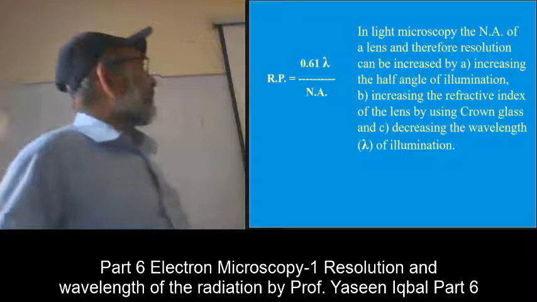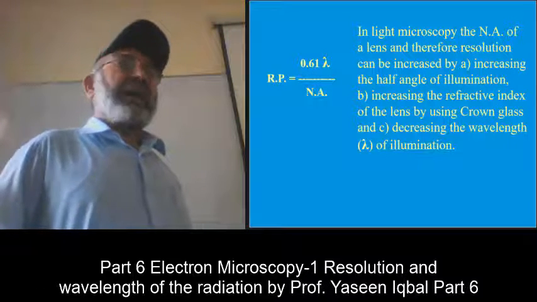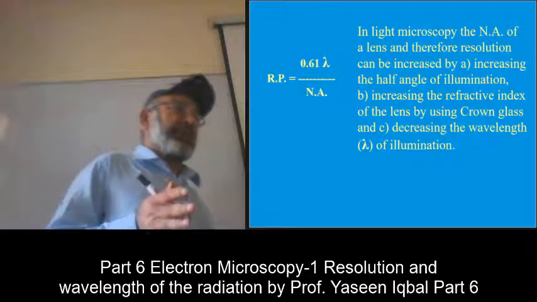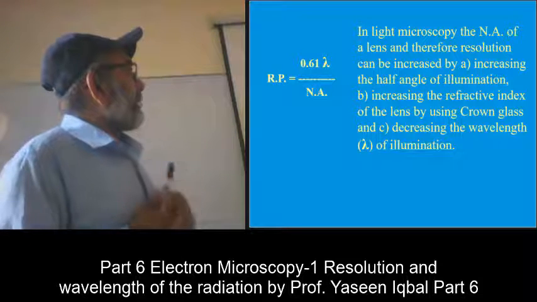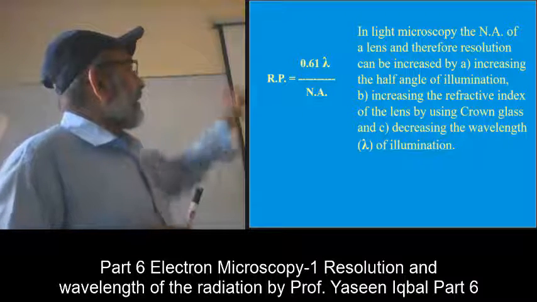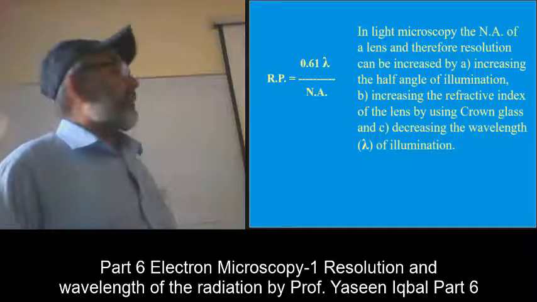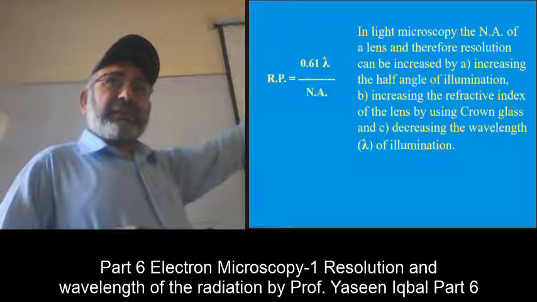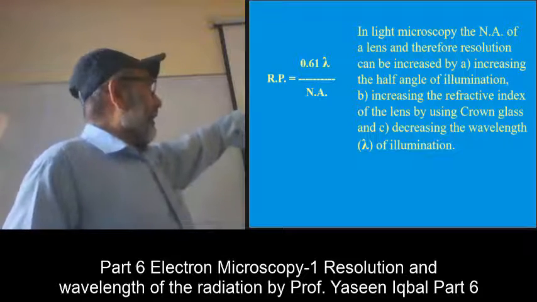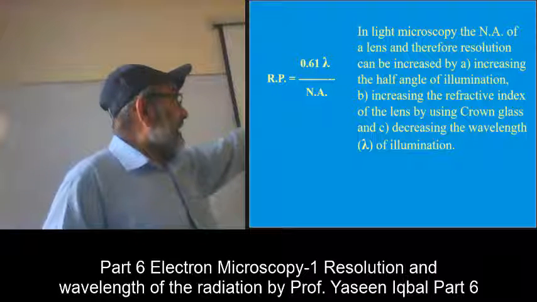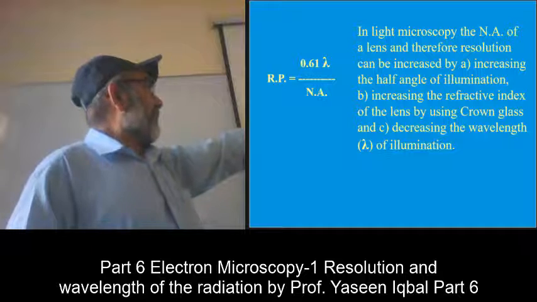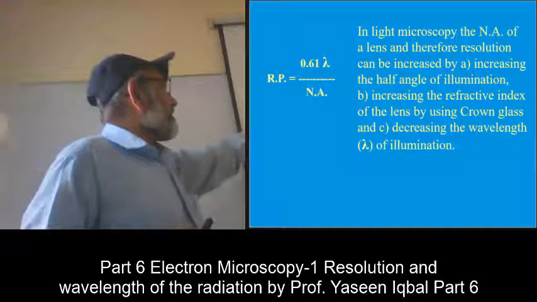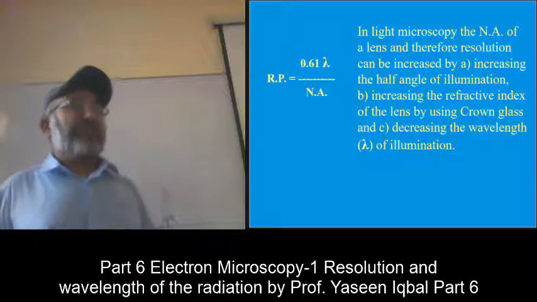In light microscopy, this is a very important point, and this is the junction between the electron and the optical microscope. In light microscopy, the numerical aperture of the lens and therefore the resolution can be increased by, number one, increasing the half angle of illumination; two, increasing the refractive index of the lens by using crown glass, which is optically denser; and three, decreasing the wavelength of illumination.